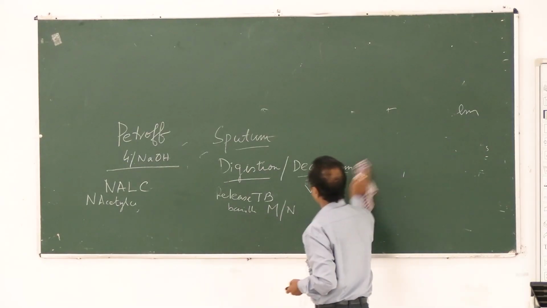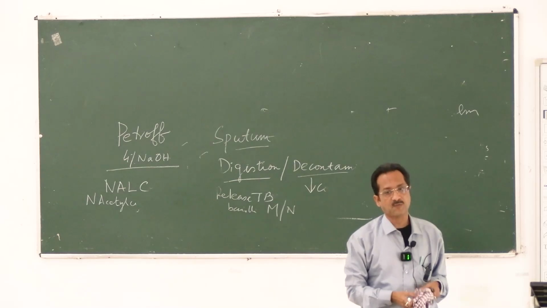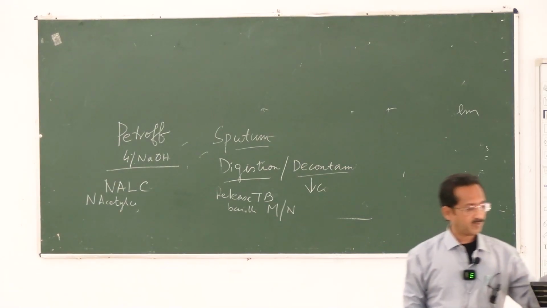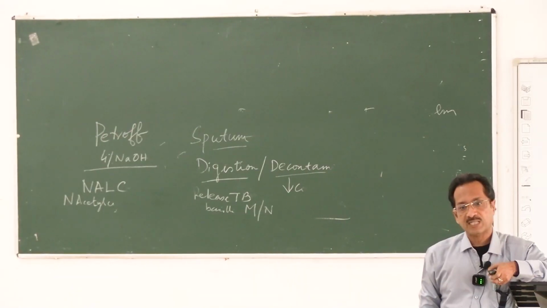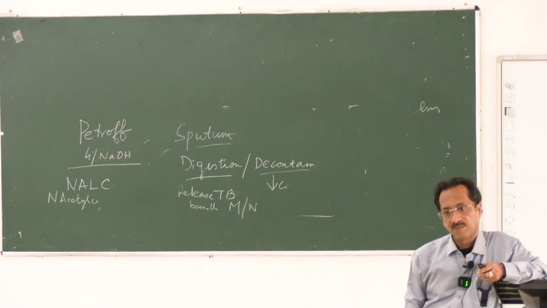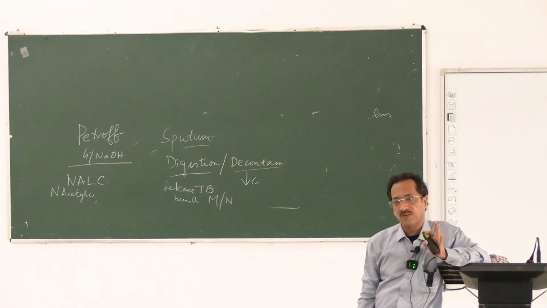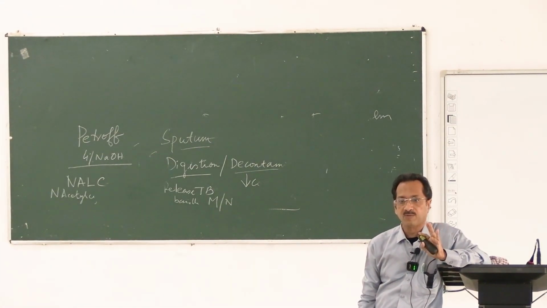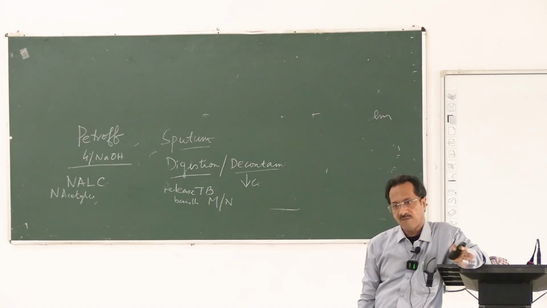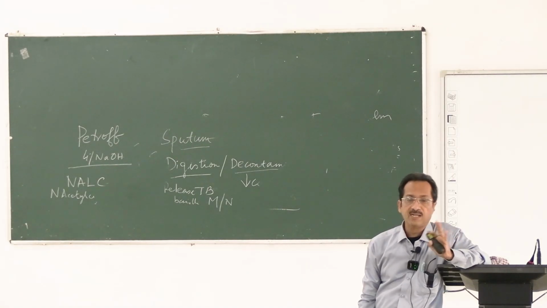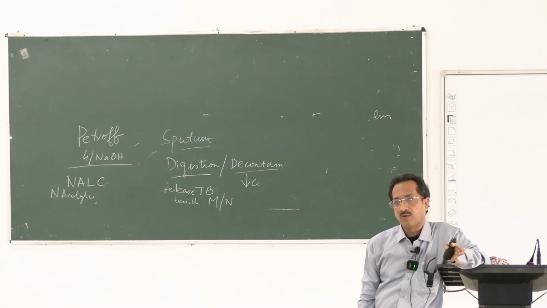Now in which patient will you ask for the TB test? What is the common clinical manifestation of tuberculosis? It is usually cough along with expectoration, with fever. What type of fever?